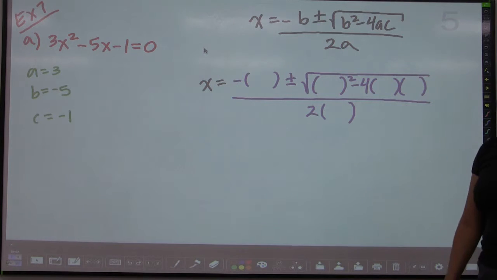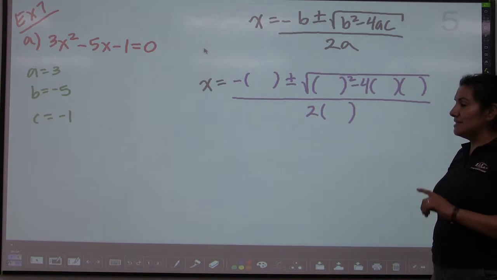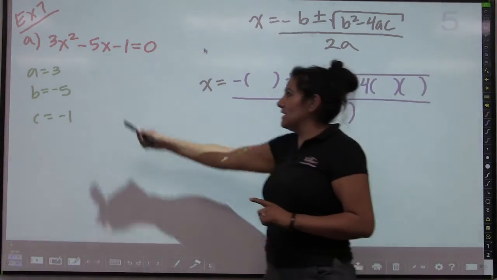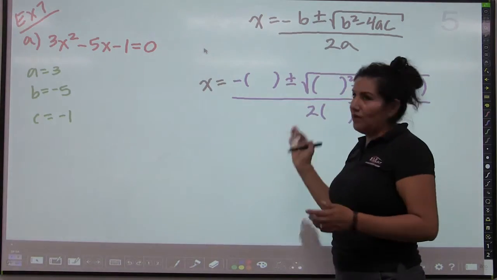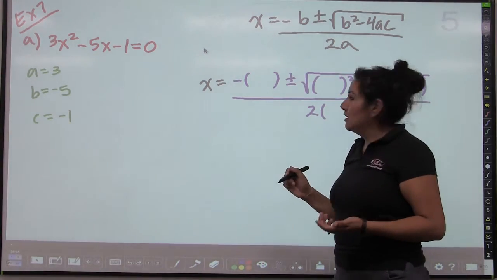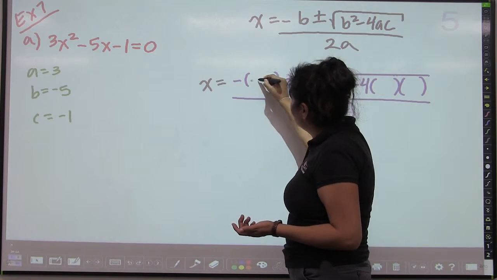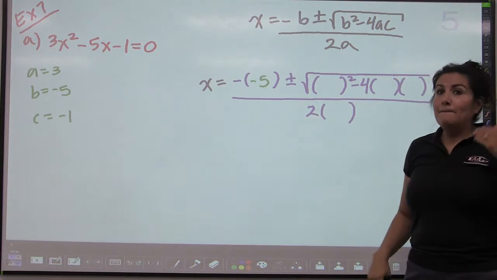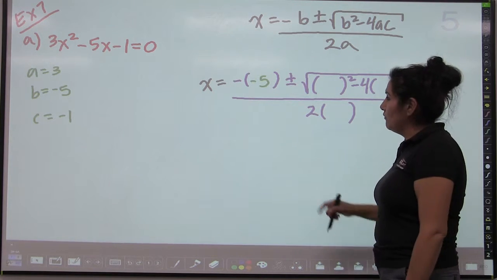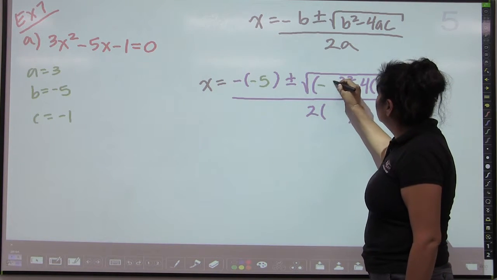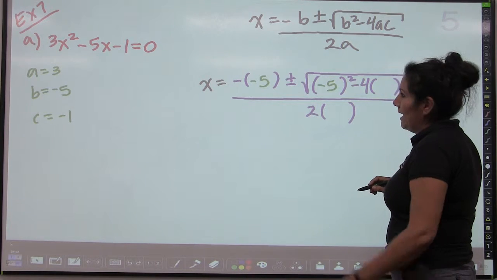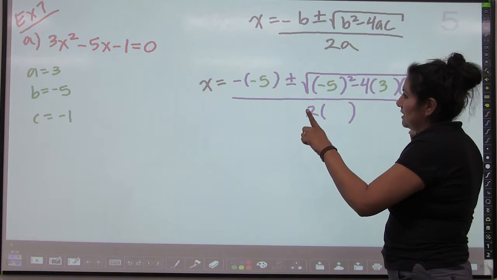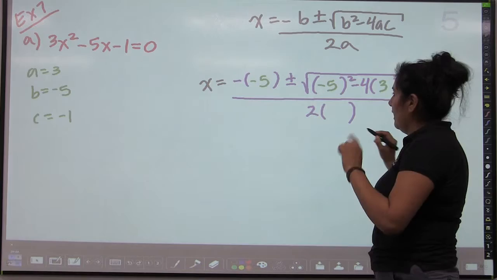This is very helpful, especially for that negative b. Because oftentimes, because it says negative b, and you see that b is negative, you just put negative 5. But you would be wrong. Because actually, when you put a negative 5 in those parentheses, that negative and that negative will make it positive 5. So just be careful. B squared, we're going to put a b in there. A is 3, C was negative 1, and A was 3.